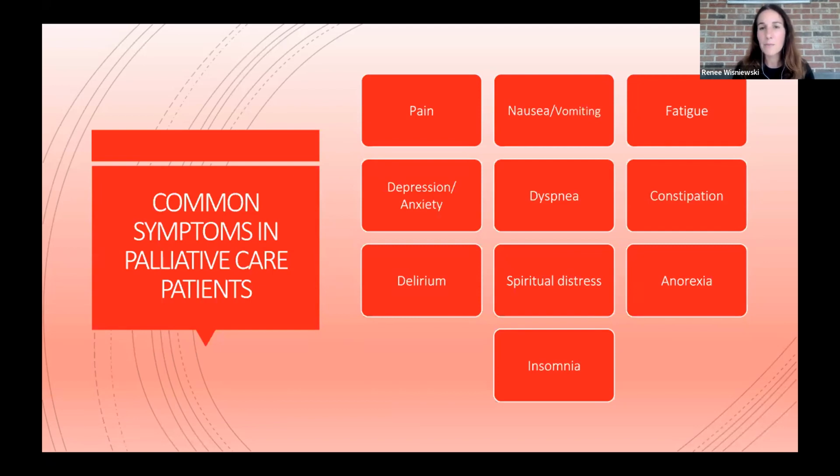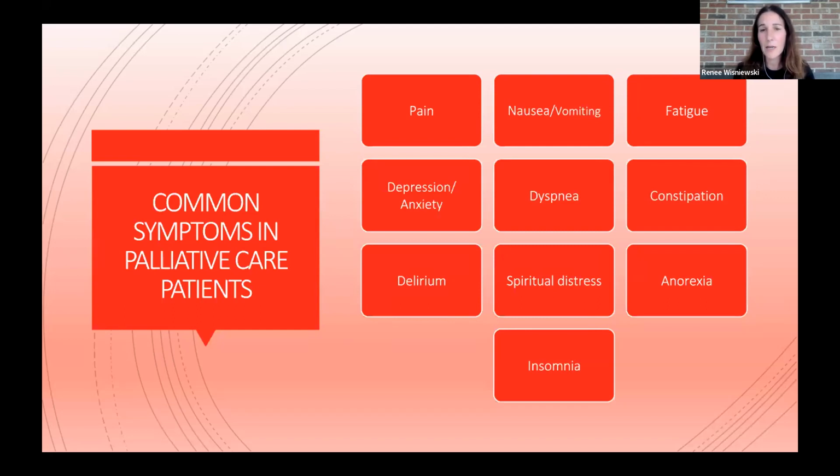Shortness of breath, dyspnea can be present depending upon the disease and where the patient is in their disease trajectory. Constipation often presents either due to pain medication or due to the disease process or due to change in physical activity or oral nutrition. Delirium can be part of a disease process, or it can be a side effect of treatments, or it can be a side effect of medications.